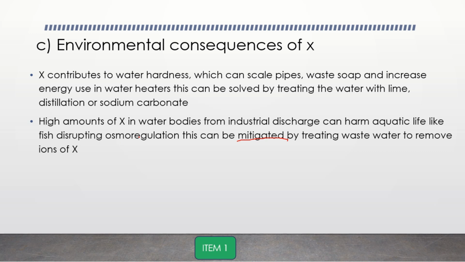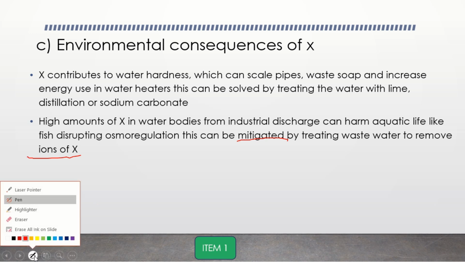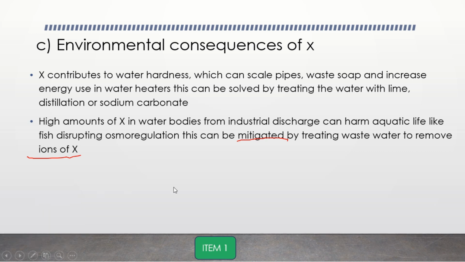I'm following it with a solution by treating the wastewater to remove ions of X. So if the ions of X are removed, then also the water can be maybe somehow safe to those aquatic animals.